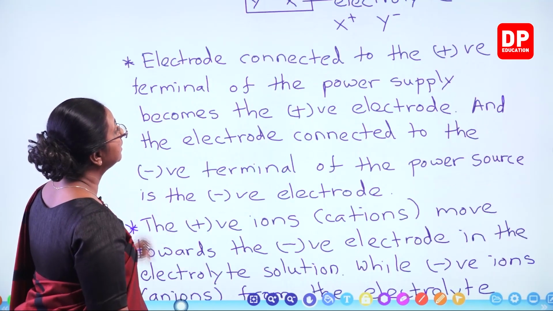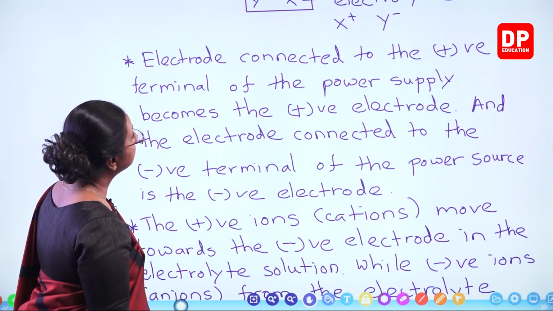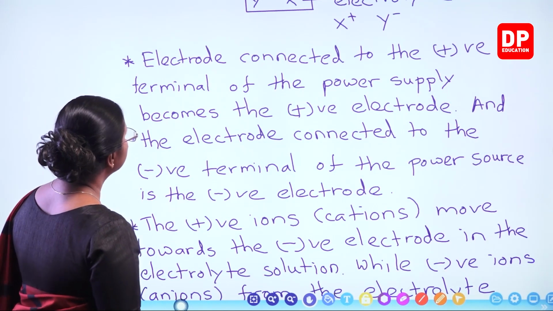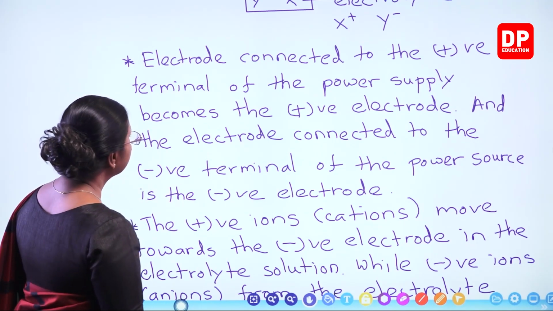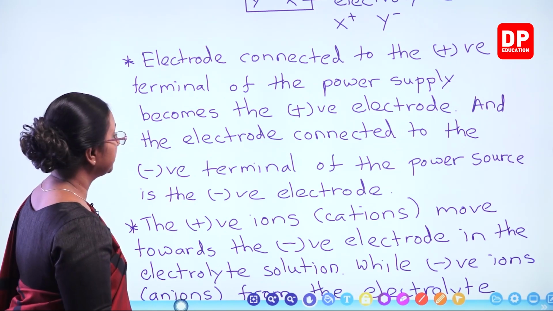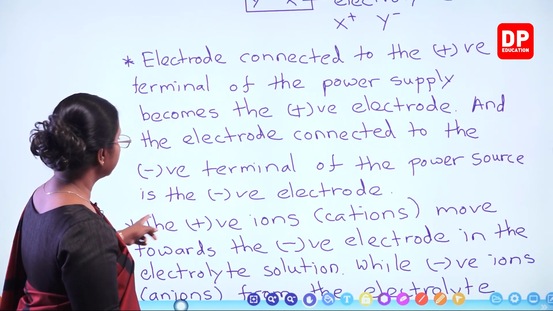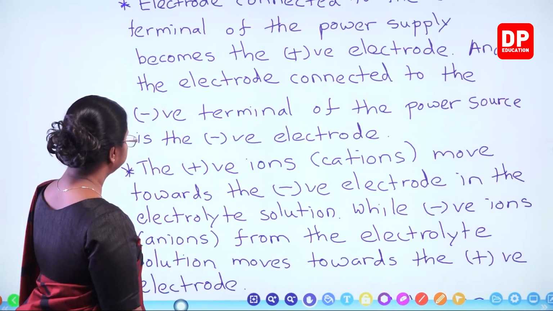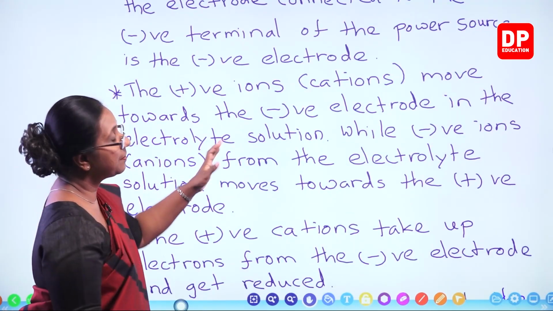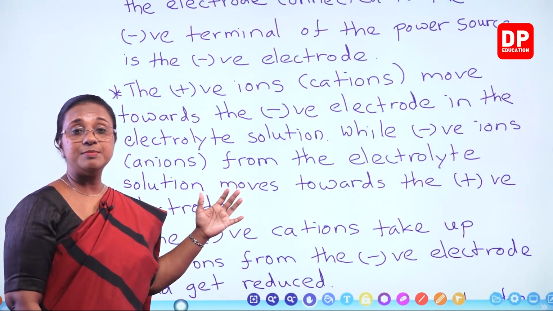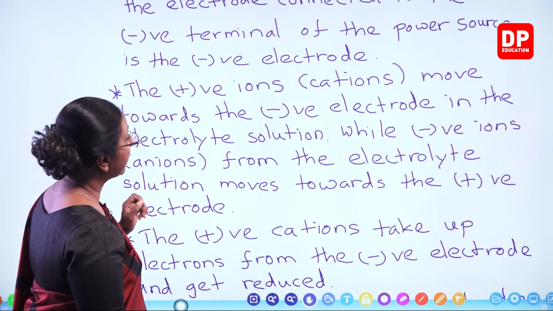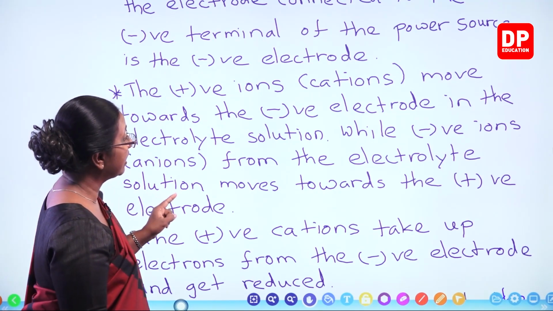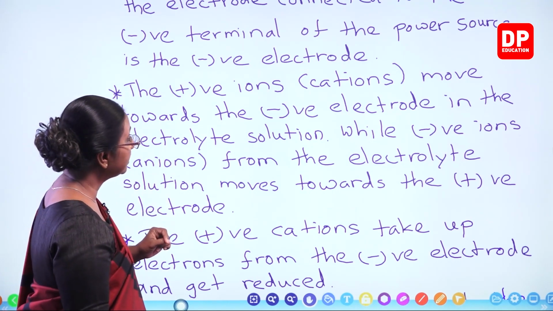So then, if we look at the conventions, the electrode connected to the positive terminal of the power supply becomes the positive electrode, and the electrode connected to the negative terminal of the power source is the negative electrode. So power supply, power source, those are similar terms you can use. The positive ions, that is the cations, move towards the negative electrode in the electrolyte solution.